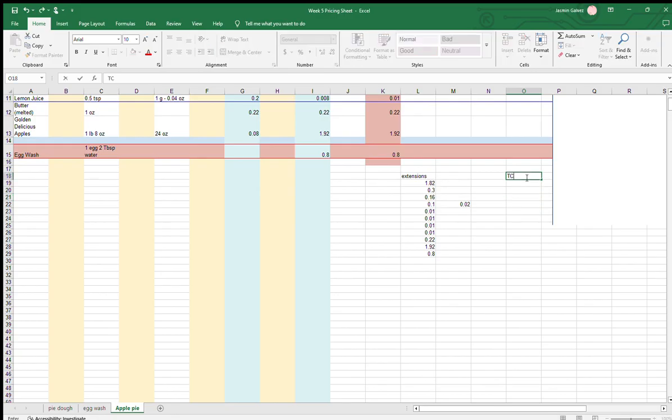So for total cost 1, we're going to add up all the extensions with the cornstarch. Ooh, hold on.